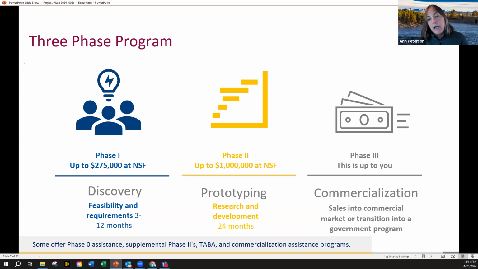And this is really the time where you're going to discover and confirm that what your idea is actually feasible to do. Then, if you're successful with that, and your proposal for Phase 2 is very strong, you could go on further for additional Phase 2 funding. For the purposes right now, guys, I'm not going to go deep, but there's a whole host of other types of support, either through our FAST programs and through the agencies that can help you with commercialization.